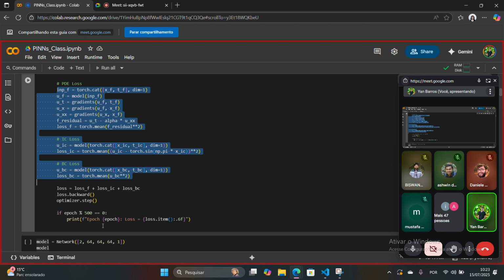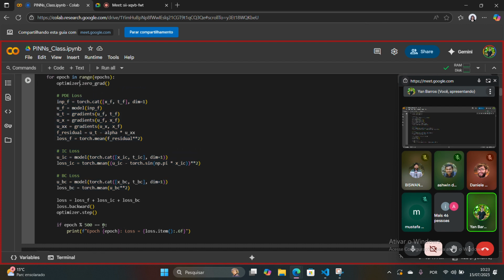We can add this inside of the training, in this part of the loss function. The main concept when we talk in the future about physics-informed neural operators is that we have the physics operators, like the Fourier transformation or the Hilbert-Huang transformation. We can embed these same concepts in this part of the training.